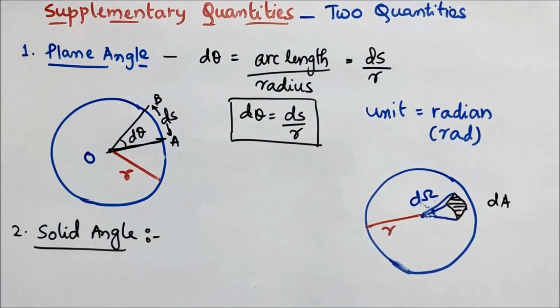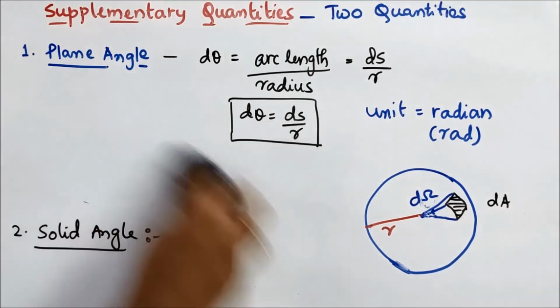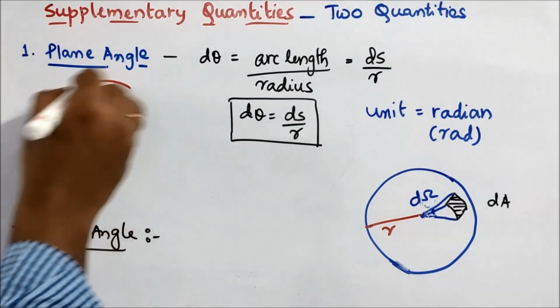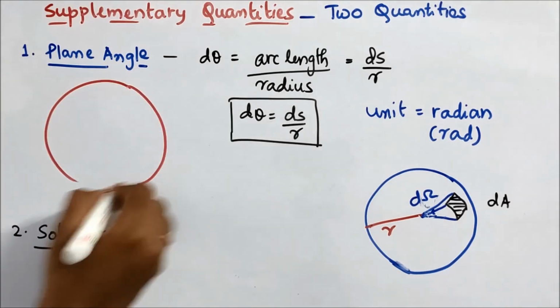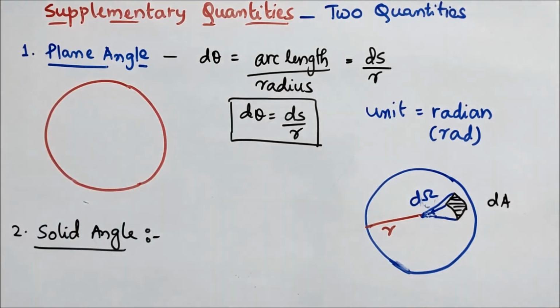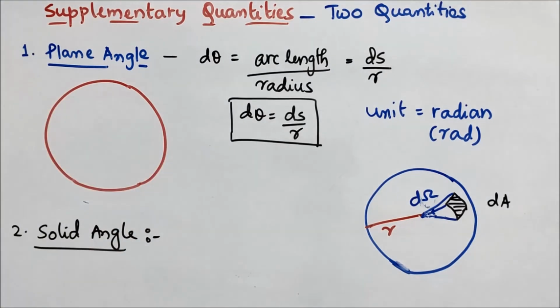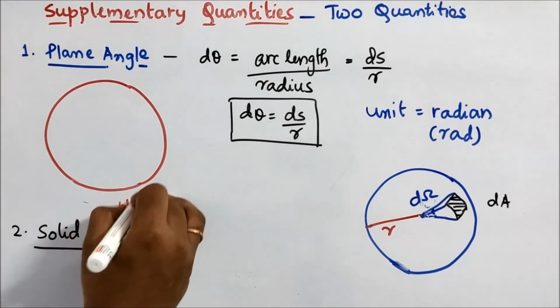I don't know whether you are able to understand or not. Let me give one analogy to understand the solid angle. Suppose you have a spherical watermelon.